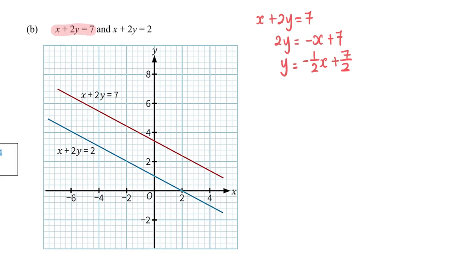I will also do the same for this blue color graph. And again, I need to minus x on both sides. There's a positive 2. And when I divide by 2 across all terms, 2 over 2 is 1.